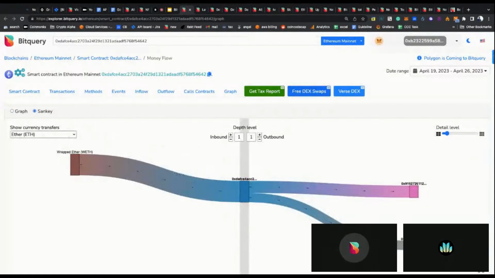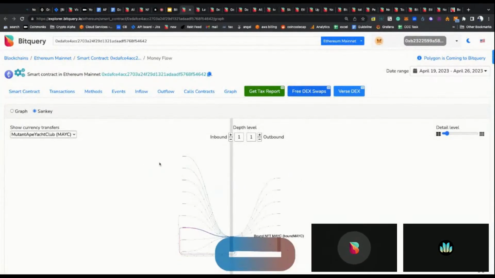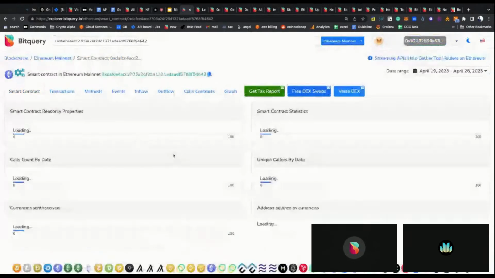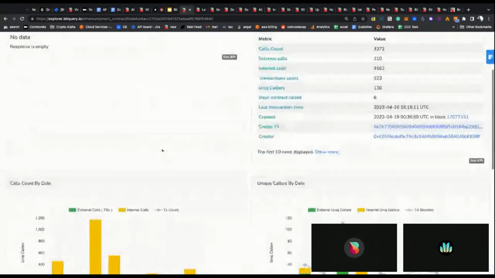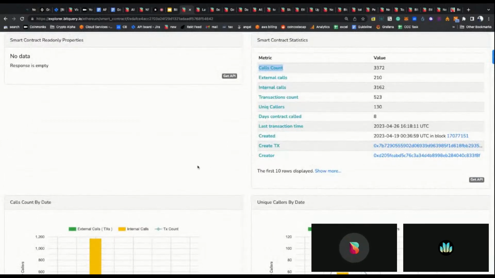And you see that it also has NFT related tokens included in money flow. You can actually see the money flows of NFTs. But for specific smart contracts, you see its aggregated data. For example, call counts, internal calls, who is the creator, transaction, unique callers, for example, transaction count.